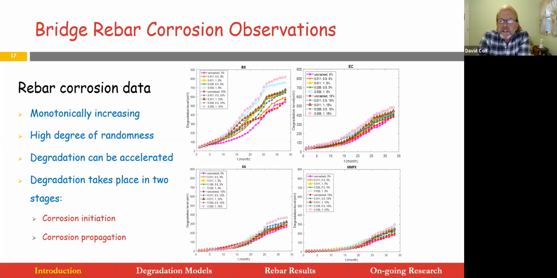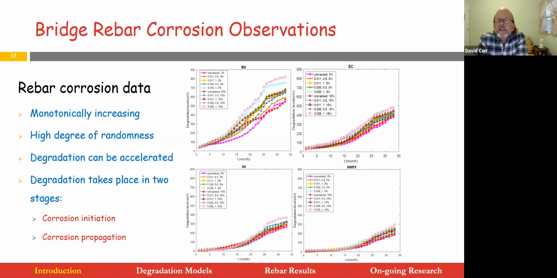The corrosion isn't getting better by itself, where some failure mechanisms, in fact, do. If we're studying degradation of the human body, different organs, sometimes they do get better. Why is it important here? Well, our choice of models to characterize this data, the fact that it's monotonic, causes us to choose a certain type of model. Second, we see a high degree of randomness.